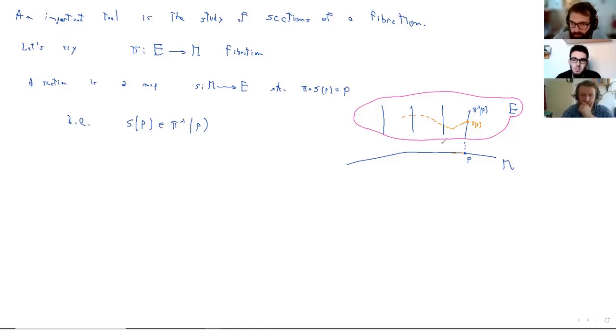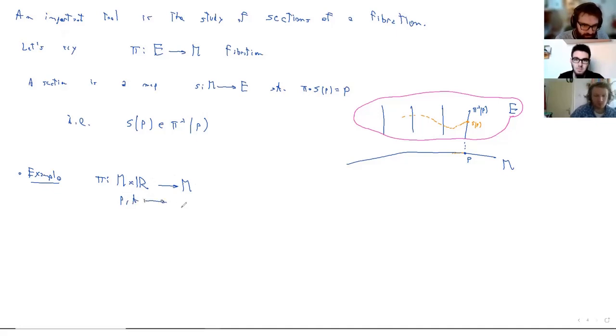So if this reminds you of graphs, because this looks a lot like a graph, right? You're perfectly correct, because our first example of a section is for our trivial bundle. Now I'm using bundle and fibration kind of as the same thing, but we will see that. So this is the trivial one, where we associate to P just P. And now what is a section?